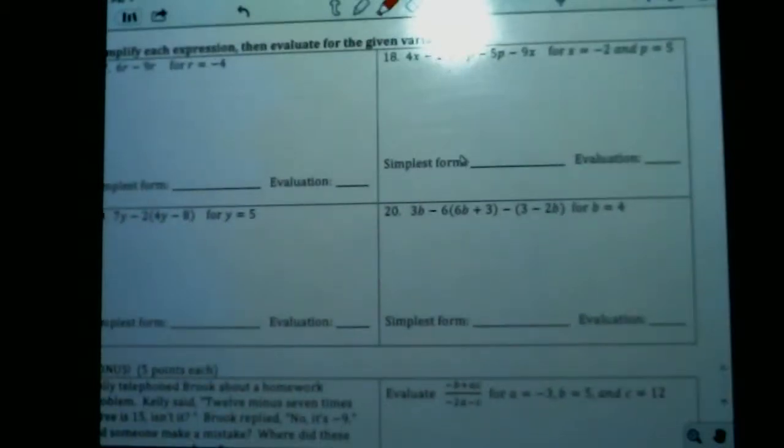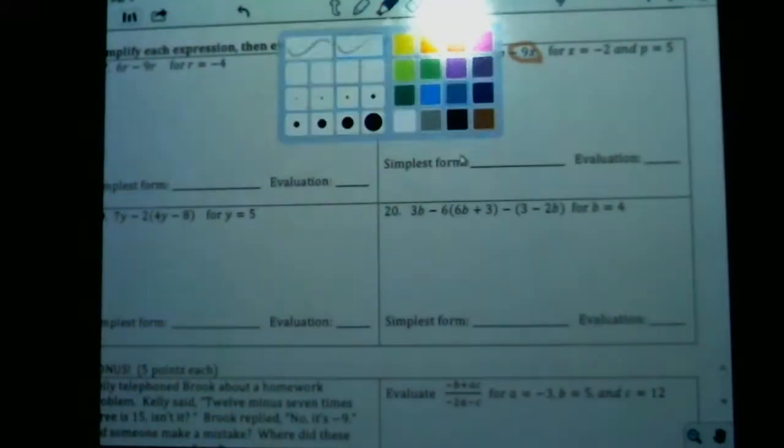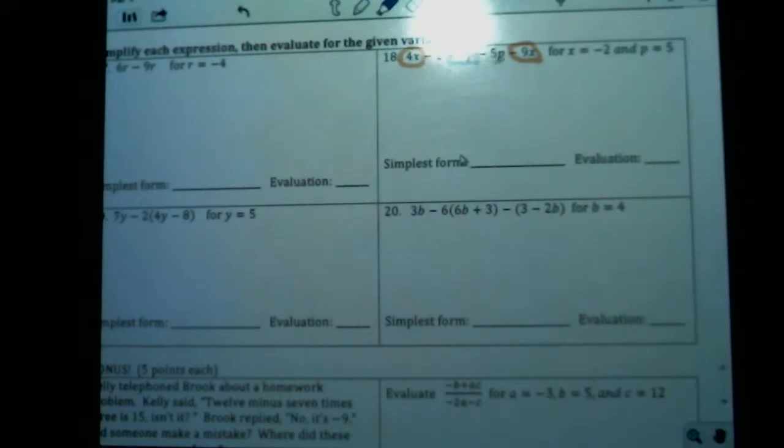Simplifying and then evaluating. All right, let's look at number 18. It's a little bit harder. My like terms are 4x, negative 9x, 7p minus 5p, and then I have a negative 2. So I'll just do the 4x minus 9x. That gives me a negative 5x. 7p minus 5p gives me 2p, so that's a plus. And then I just have to stick that negative 2 on there.